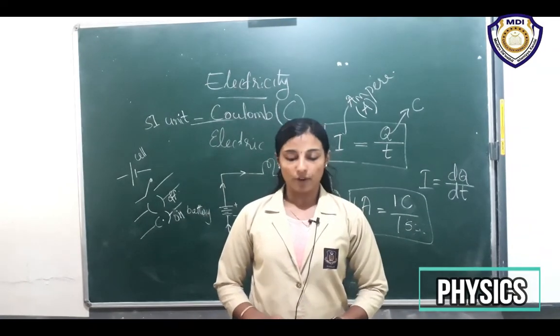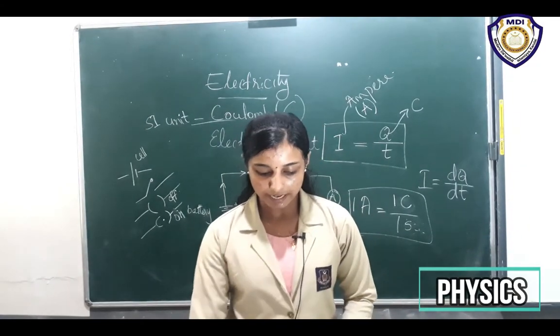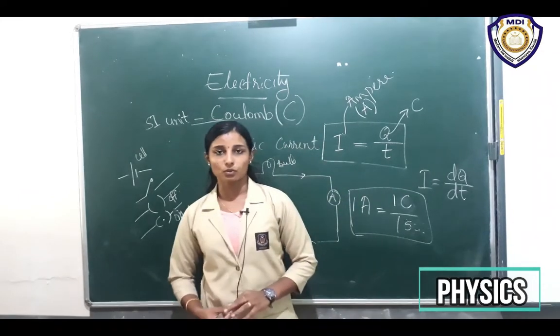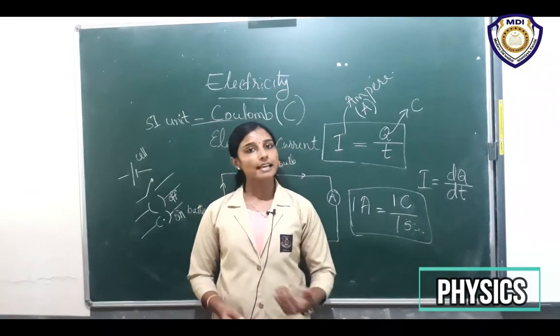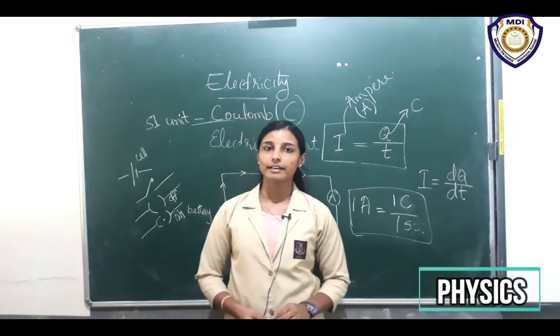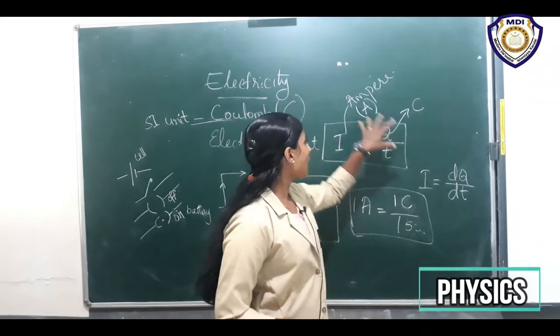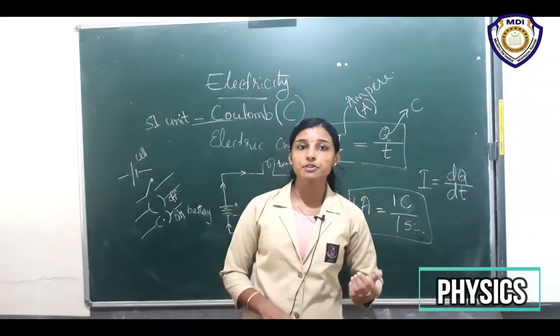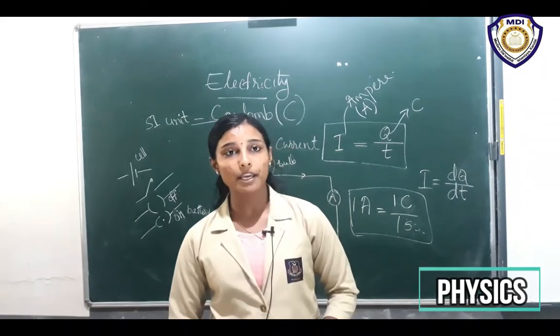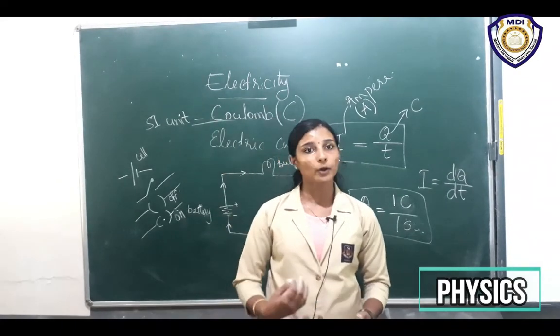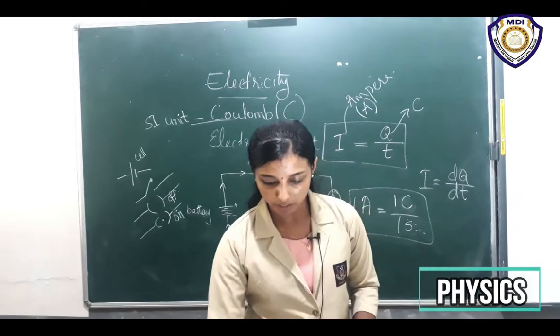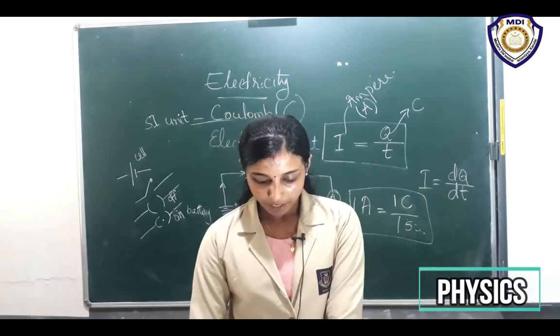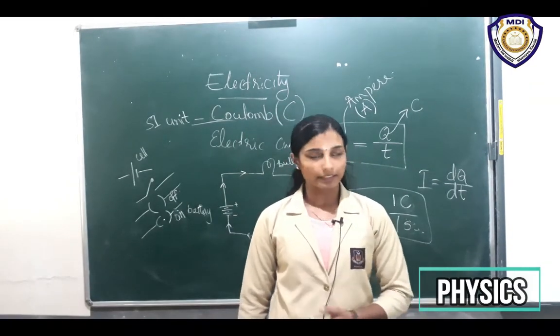Small quantities of current are expressed in microamperes also. The SI unit of electric current is ampere, so small units can be expressed in microampere, milliampere, like that.